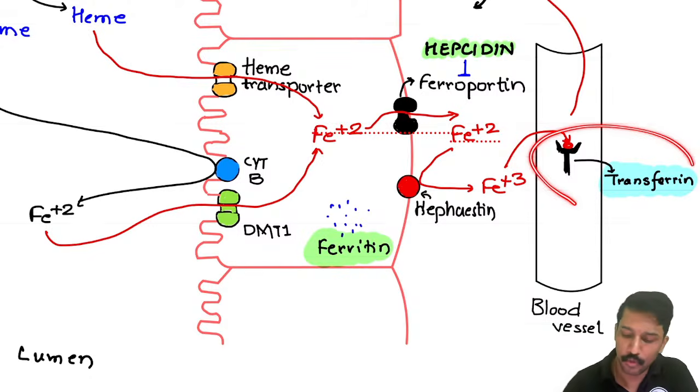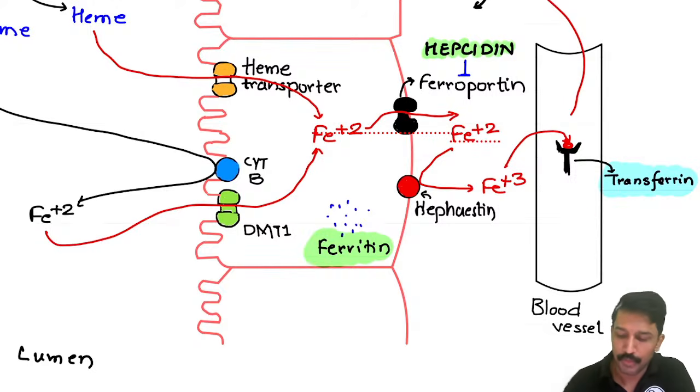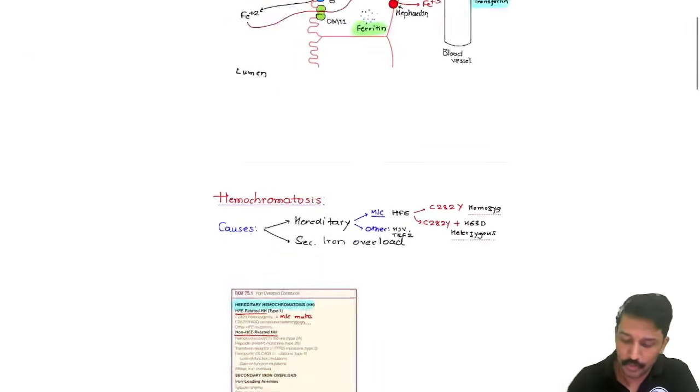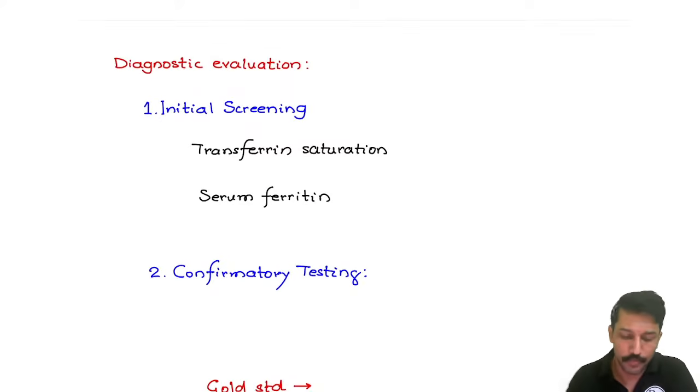So transferrin molecules bound with iron are called saturated transferrin molecules. What percentage of transferrin molecules are saturated is what we're going to estimate. That's transferrin saturation. We will also look at the quantity of the storage form, that is ferritin. So we'll estimate transferrin saturation and serum ferritin levels.